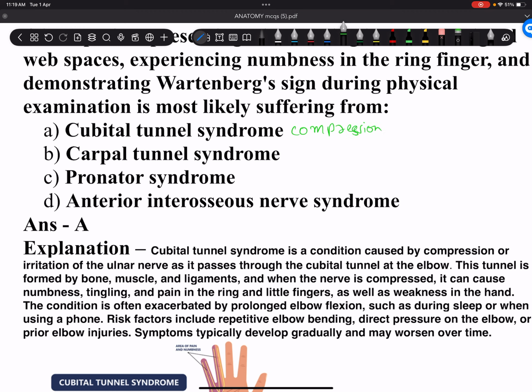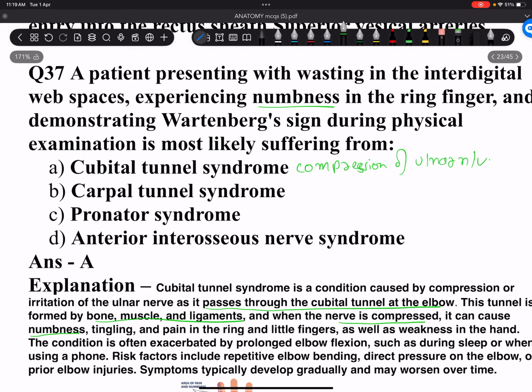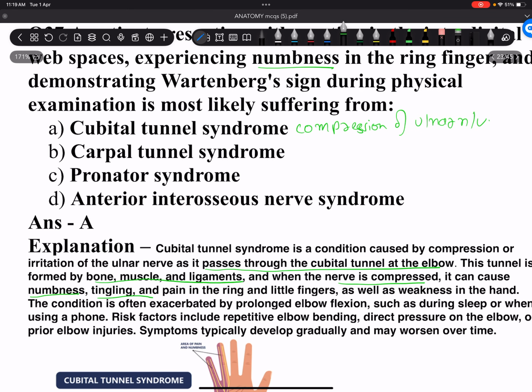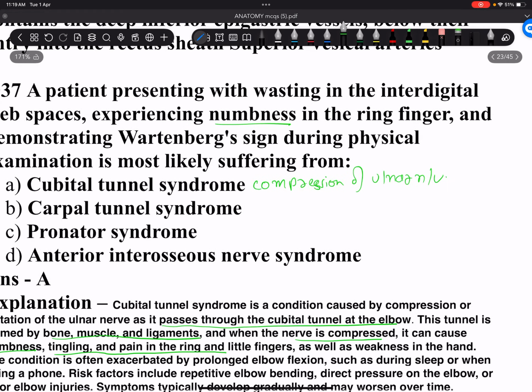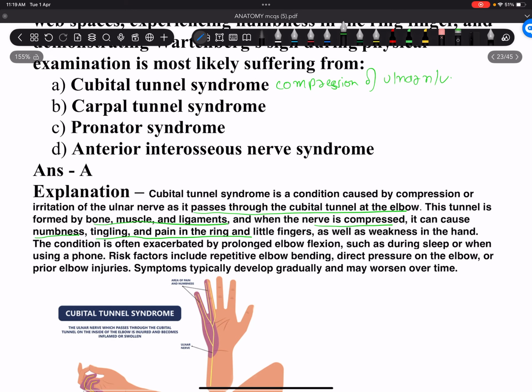Compression of the ulnar nerve, correct, as it passes through the cubital tunnel at the elbow. This tunnel is formed by bone, muscle and ligaments, and when the nerve is compressed, it can cause numbness, tingling and pain in the ring and little fingers, as well as weakness in the hand.